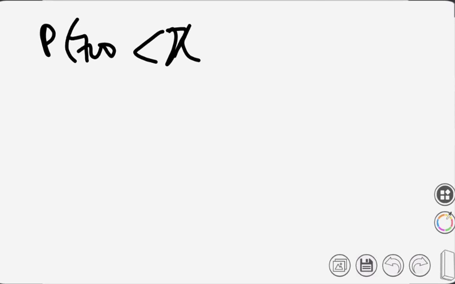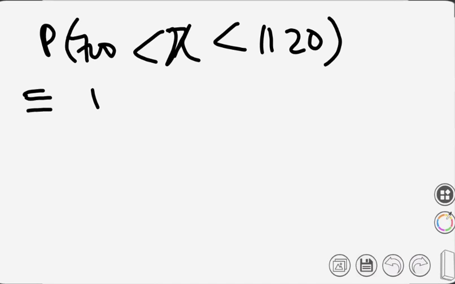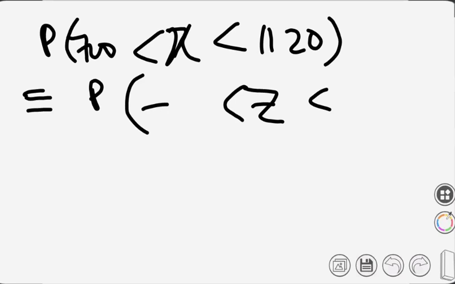So probability x lying between 700 and 1120 is equivalent to probability z lying between minus 0.5 and 1.6. Now we will draw the required area.